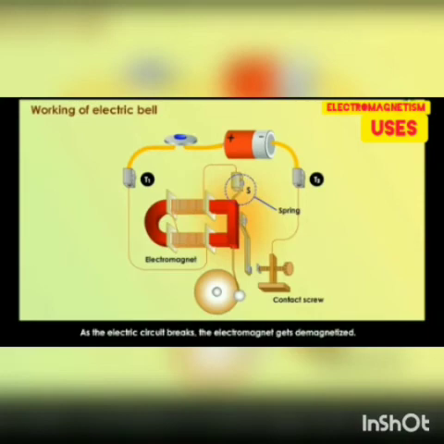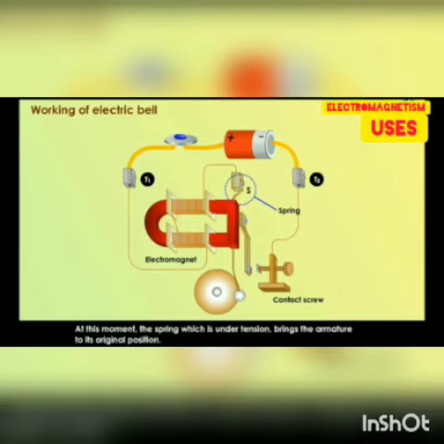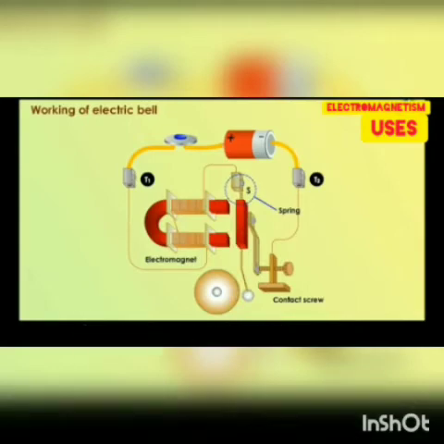As the electric circuit breaks, the electromagnet gets demagnetized. Thus, it cannot hold the armature. At this moment, the spring, which is under tension, brings the armature to its original position.